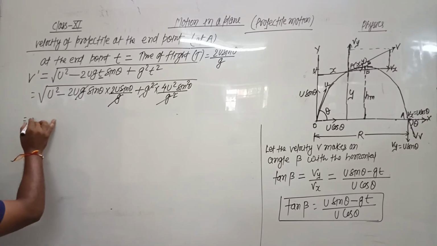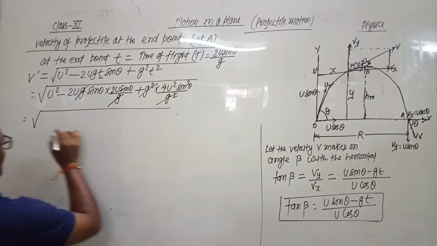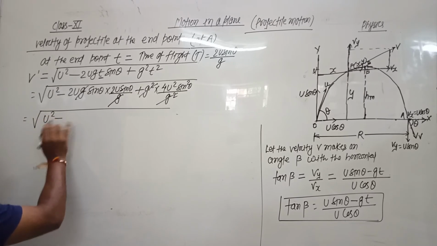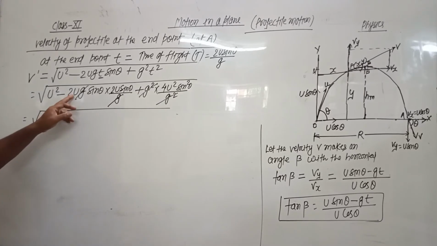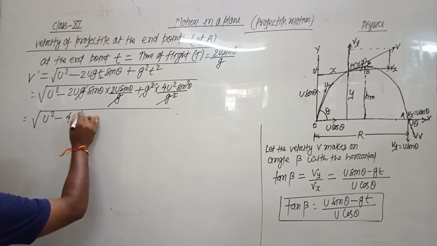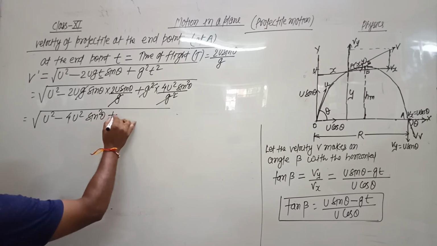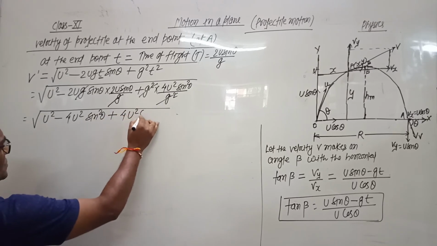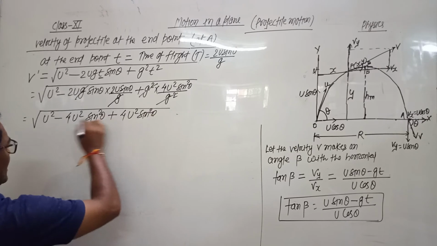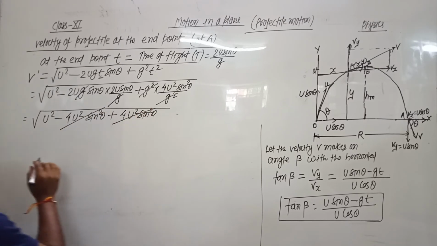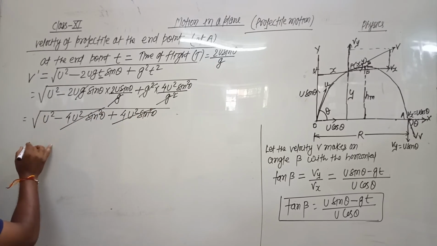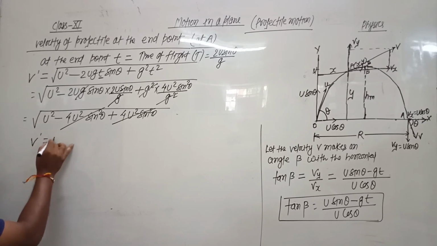So we get under root of u square minus 2u into 2u, 4u square, and sin theta into sin theta, sin square theta, plus 4u square sin square theta. So this gets cancelled and the square root of u square, we get u.